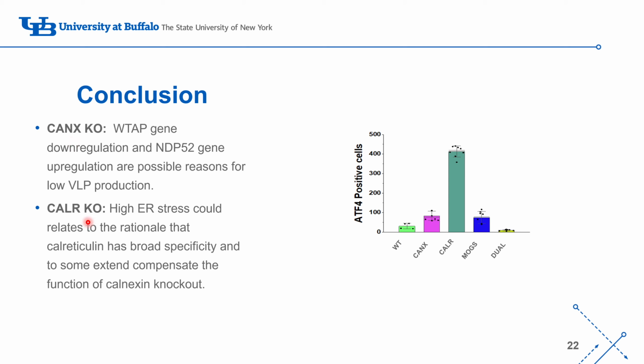So the probability of calreticulin being available in the endoplasmic reticulum is higher compared to calnexin, and this result also indicates the same thing: in the calreticulin knockout, cells observe a higher ER stress, as the other chaperones are not able to compensate for the absence of calreticulin.